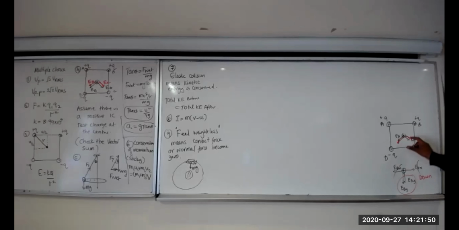Then you think about splitting each electric field strength into horizontal and vertical. The horizontal ones are going to cancel each other because they are identical. The vertical ones are acting in the same direction.